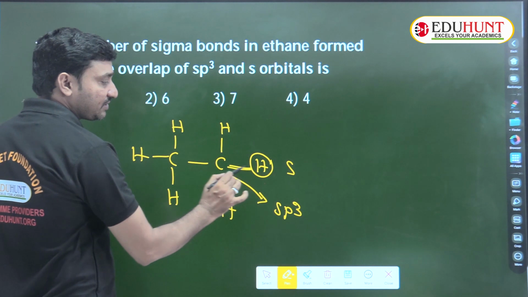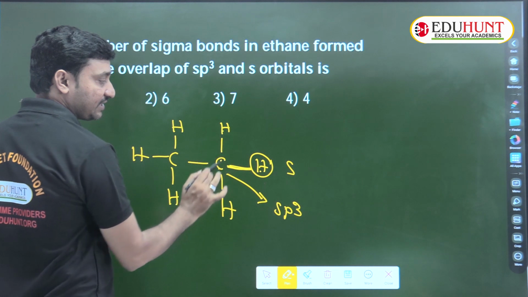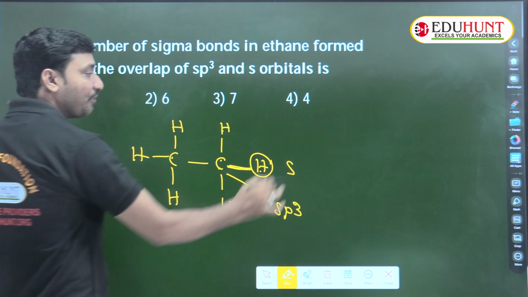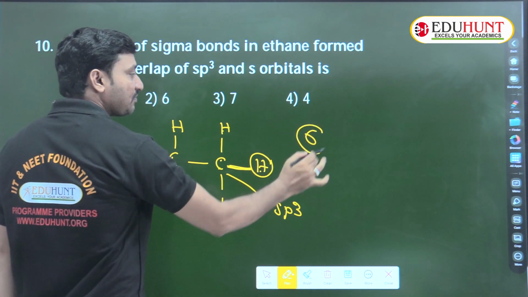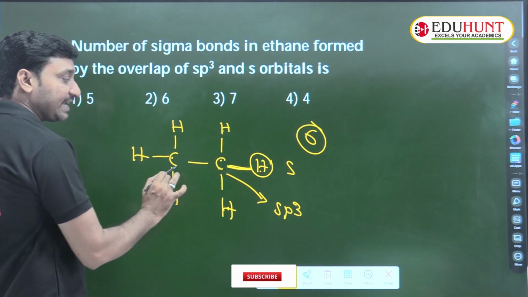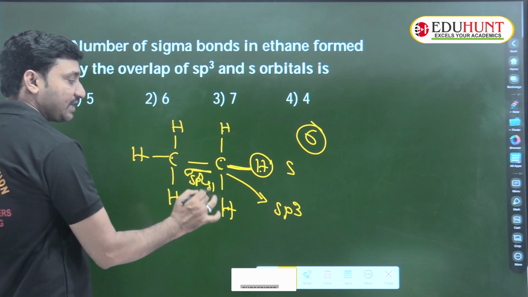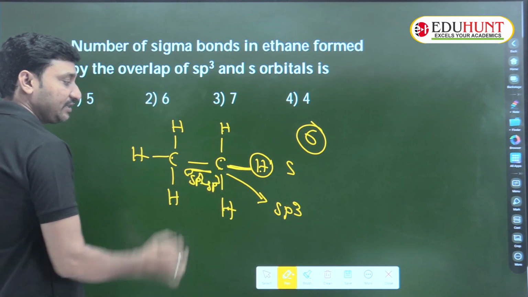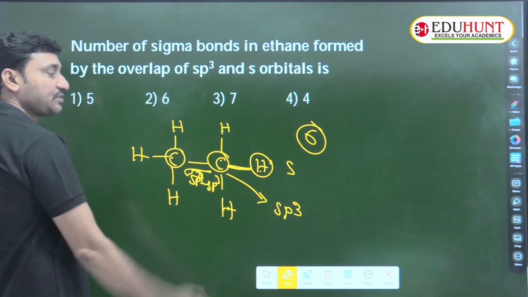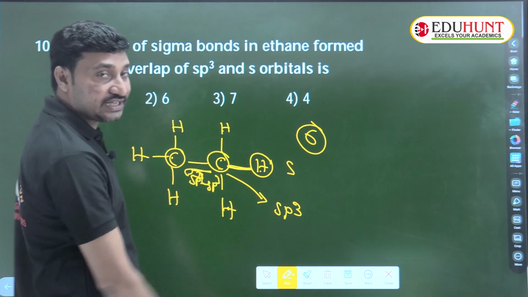What type of bond is this? Sigma, sp3–s, sp3–s, sp3–s, sp3–s, sp3–s, sp3–s. How many sp3–s overlapping sigma bonds? 6. And this one is an sp3–sp3 sigma bond, because this carbon is sp3 and this carbon is also sp3, while the C–H bonds are sp3–s.